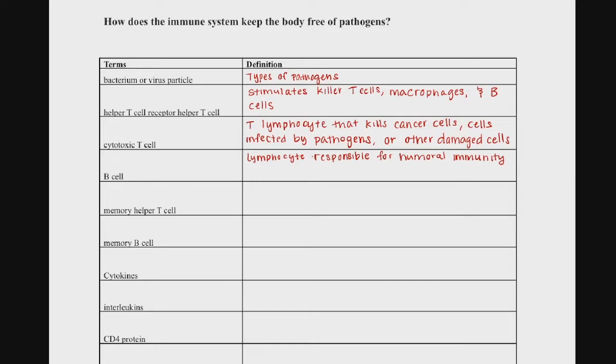And that's just a part of the adaptive immune system. And so these types of white blood cells produce antibodies, which are a huge part of the adaptive immune system.